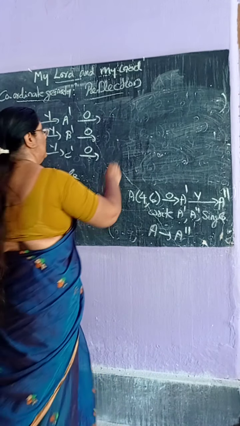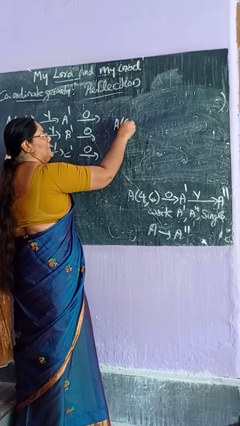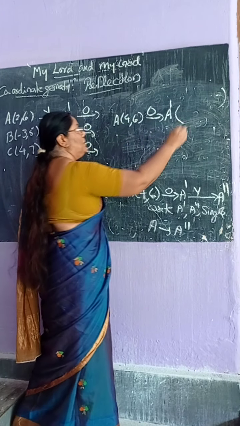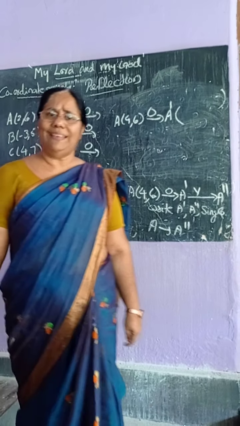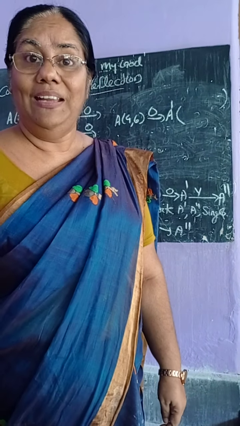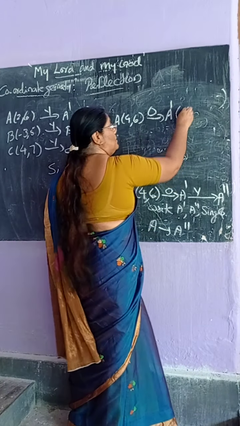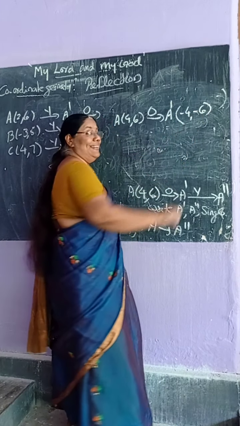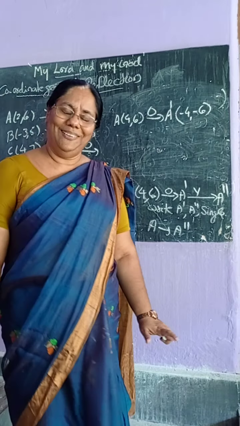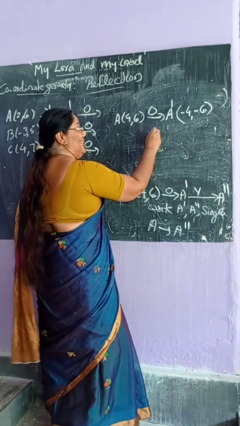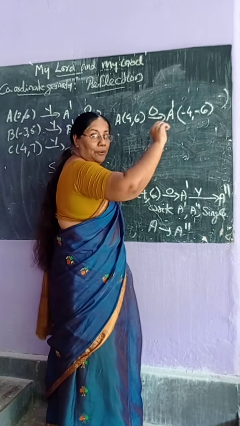Okay, we can start. Copy the question A (4, 6). First is through the origin. What is the answer? A dash. All of you say it loudly. Through the origin means both the coordinates change their sign. That is (-4, -6). Agree? Any doubt? No doubt. Then that A dash, again put an arrow in your notebook.